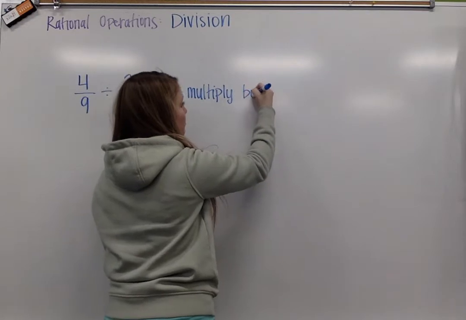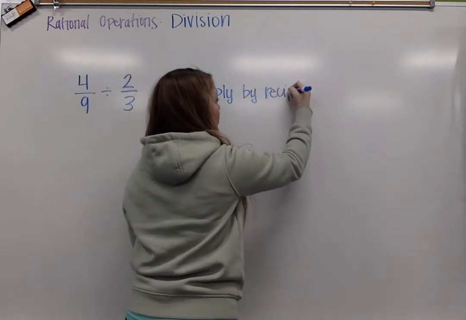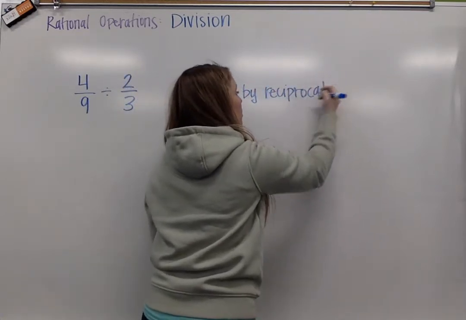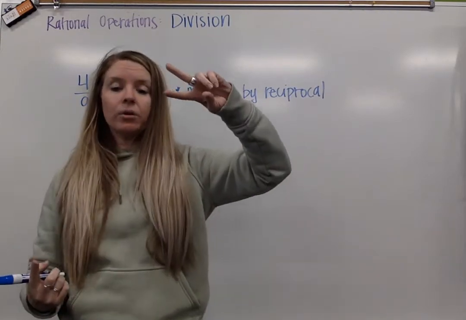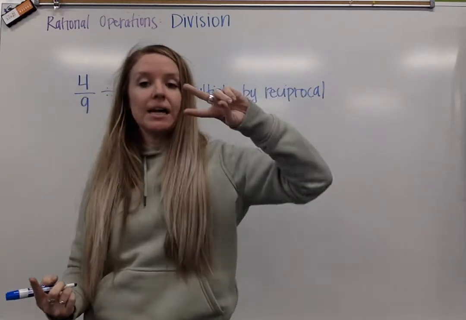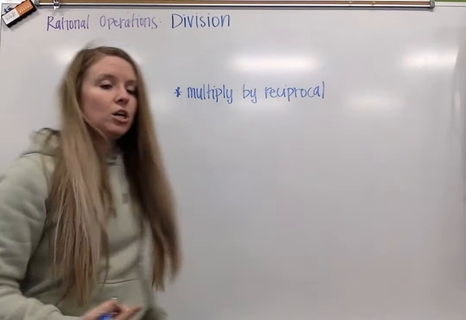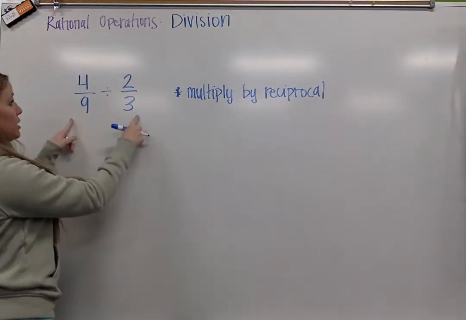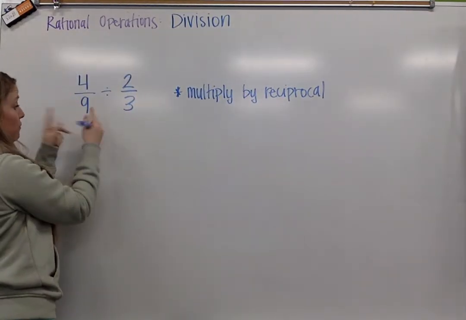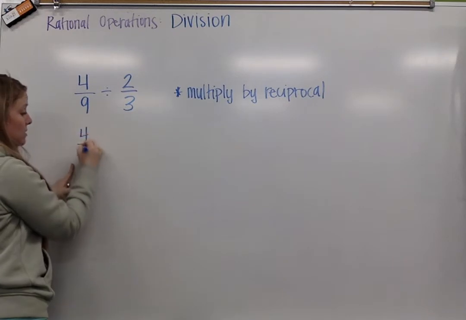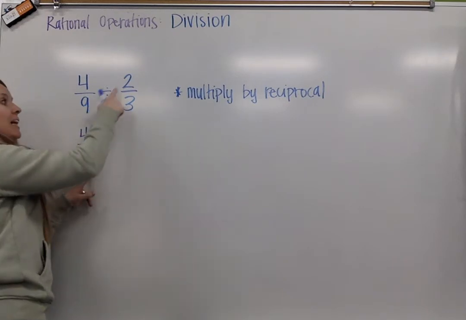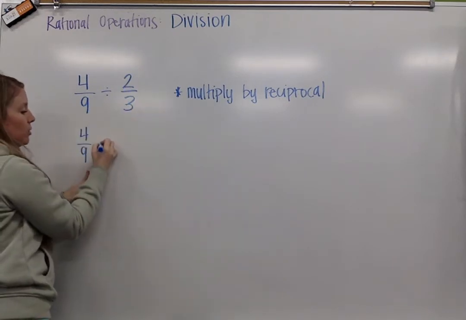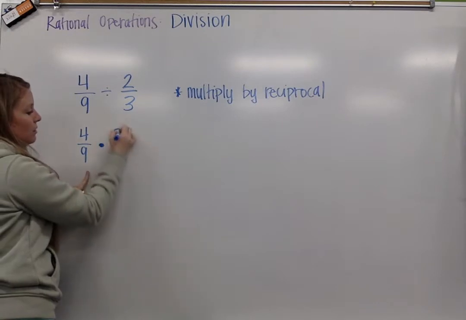If you don't remember what that word means, reciprocal, all we're going to do is flip that second fraction. So I'm still going to be using 4 ninths, but instead of dividing by 2/3, I am going to multiply by 3/2.